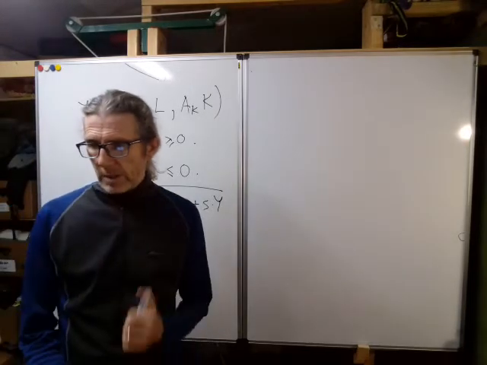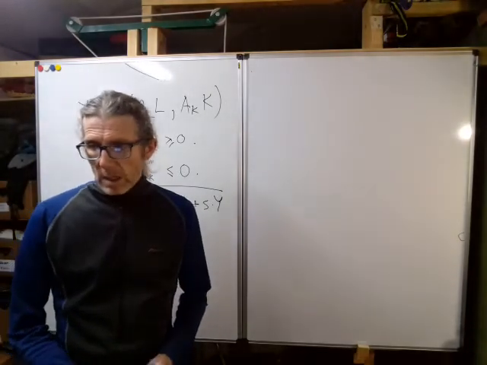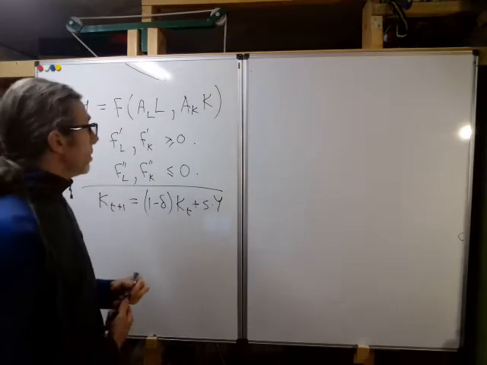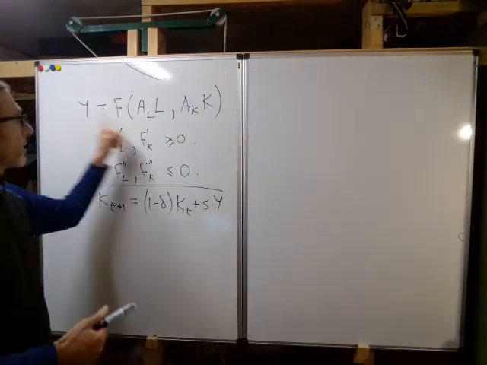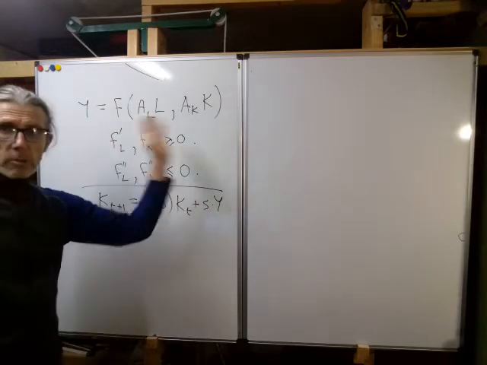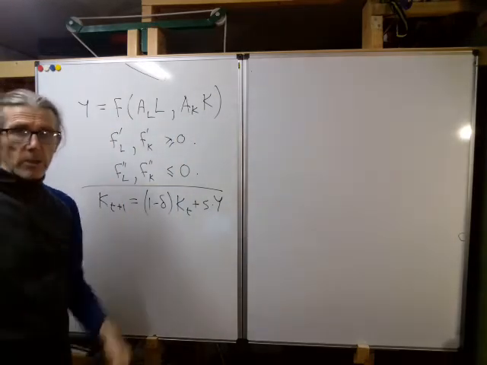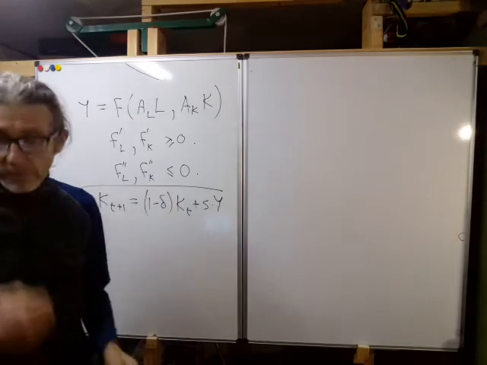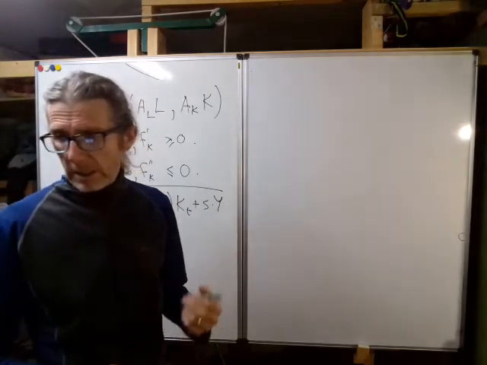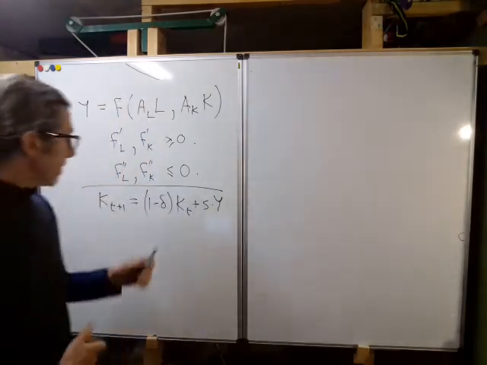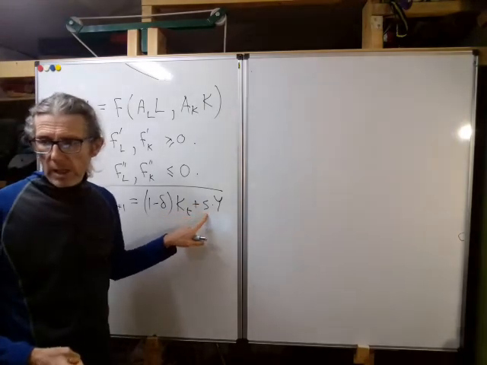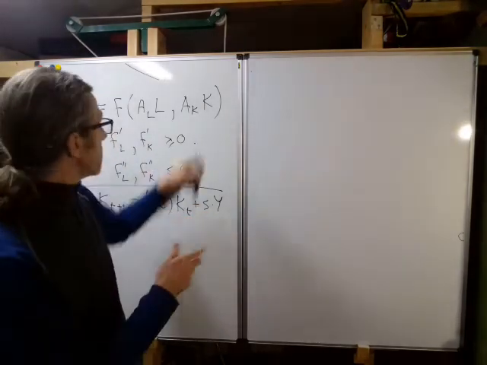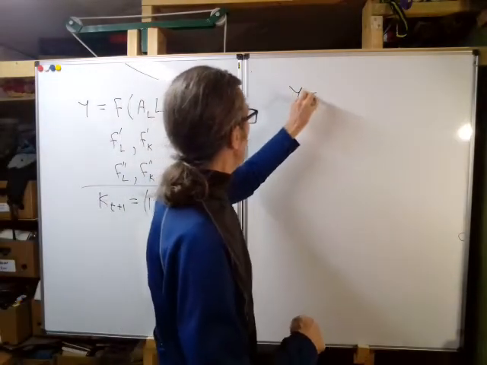Okay, so another thing we do in the Solow model, which is different from the more general neoclassical model, is that the Solow model is an example of a neoclassical model. It's very specified, and typically in the Solow model we always assume that S is a constant, and we generally specify the production function like this.